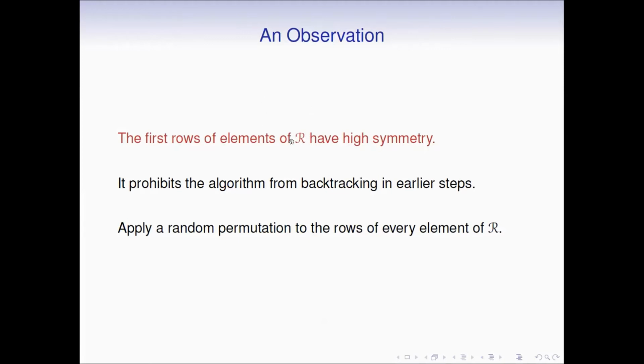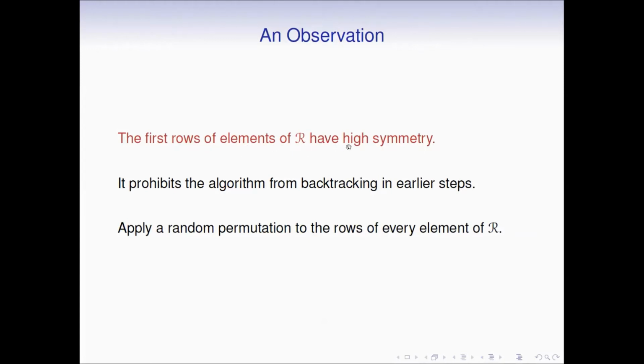We have all the classes, about 30 millions of Hadamard matrices in order 32. And if we look at these matrices, these representatives, we find that they have high symmetry in the first rows and the first columns.